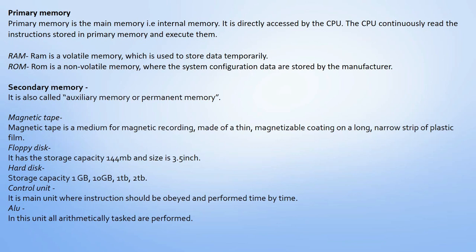Okay. And what about ROM? ROM is non-volatile memory where the system configuration data are stored by the manufacturer. So ROM is a type of memory where data is stored non-volatilely. Means only read permission is there, nothing can be written by you. And who writes the data inside ROM?